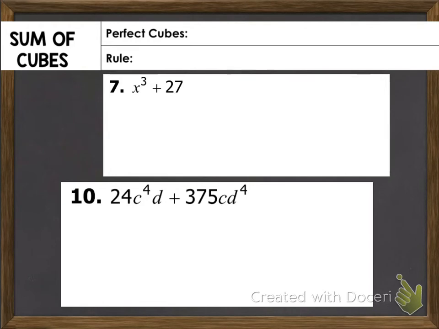Now let's look at sum of cubes. Before we do that, we need to list out some perfect cubes. This would be numbers where if you took the 3rd root of them, you would get the number that they line up with.